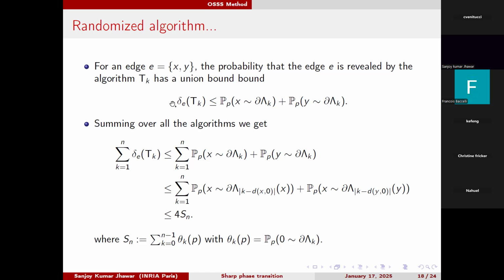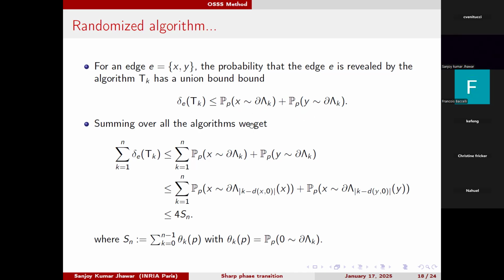So the revealment probability is upper bounded by this union bound, the sum of these two probabilities: if the particular edge e is revealed, then either there exists a path from the boundary to x, or there exists a path from the boundary to y. So it is bounded above by the probabilities of having a path from x to the boundary of lambda k and from y to the boundary of lambda k.